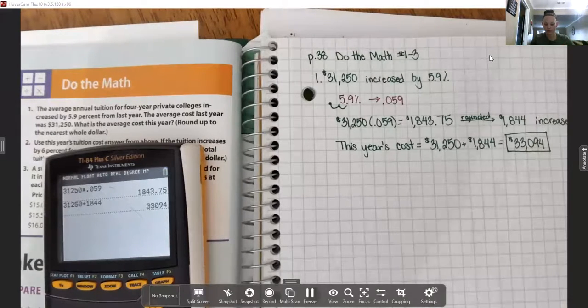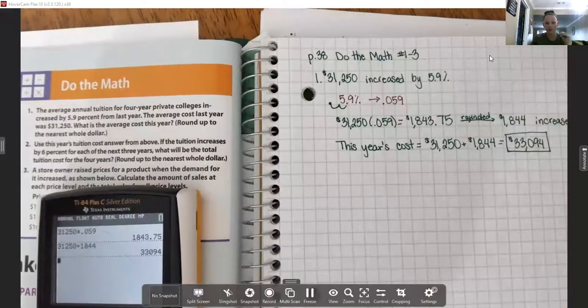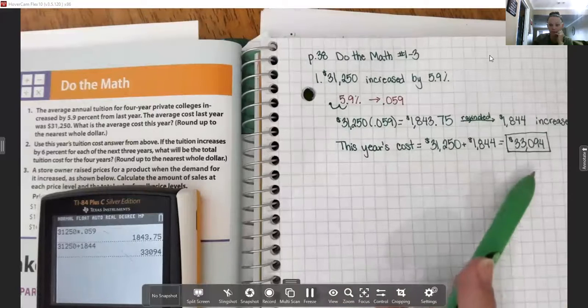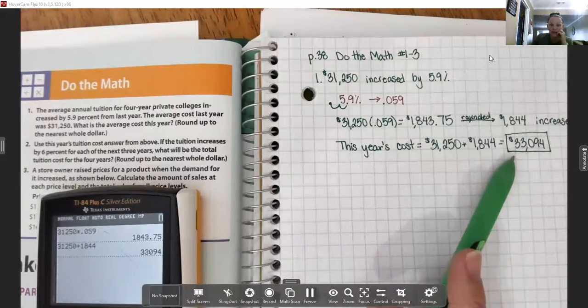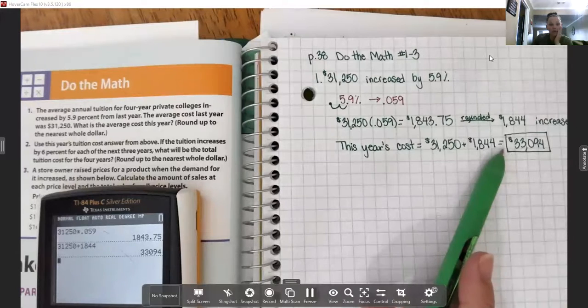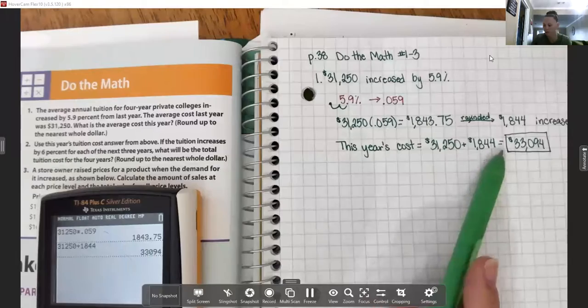Okay, so number 2 then says use this year's tuition cost, so that's this one from above. If the tuition increases by 6% for each of the next 3 years, what will be the total tuition cost for the 4 years? Round up to the nearest whole dollar.